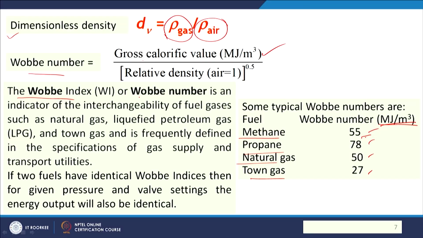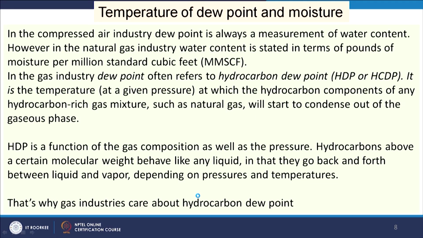So, if I want to change one component by another, and both have a similar OB number, then there will be no problem during combustion and in meeting the heat requirement for the process. So, that is the importance of the OB index. If two fuels have identical OB indices, then for given pressure and valve settings, the energy output will also be identical. So, that is one important parameter.